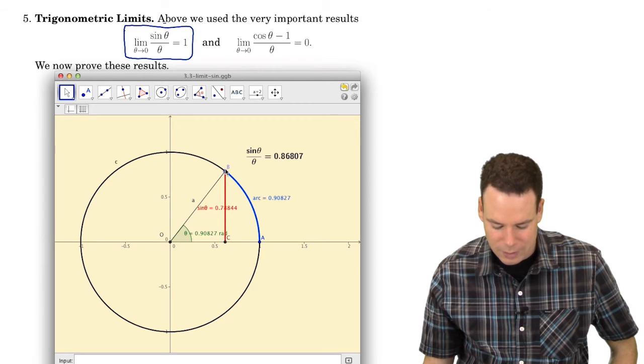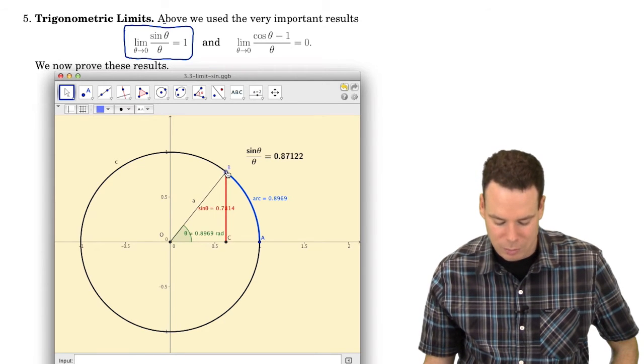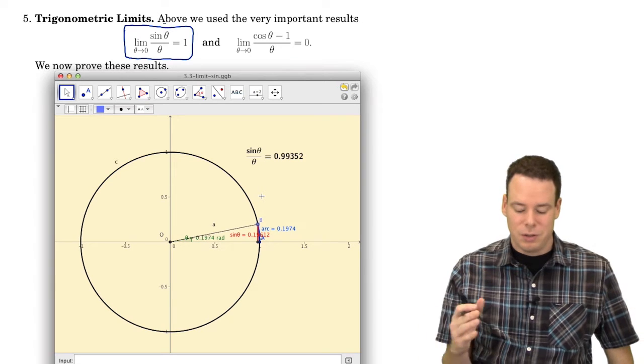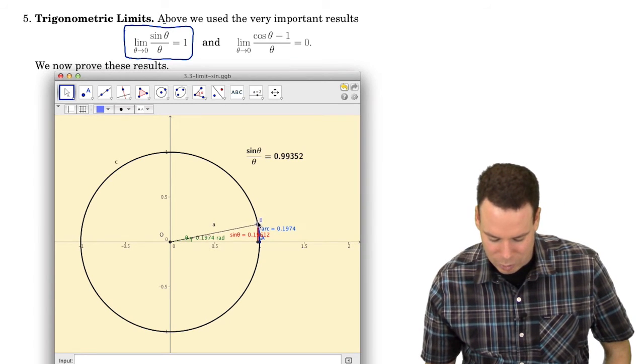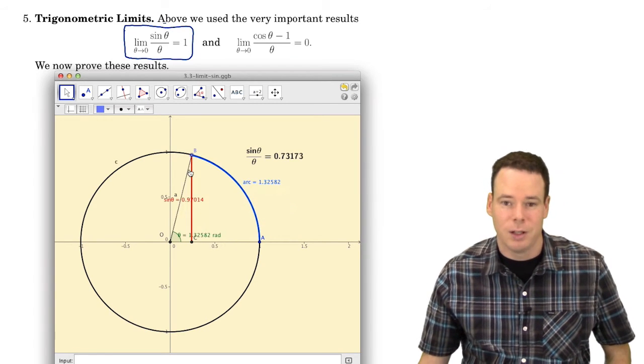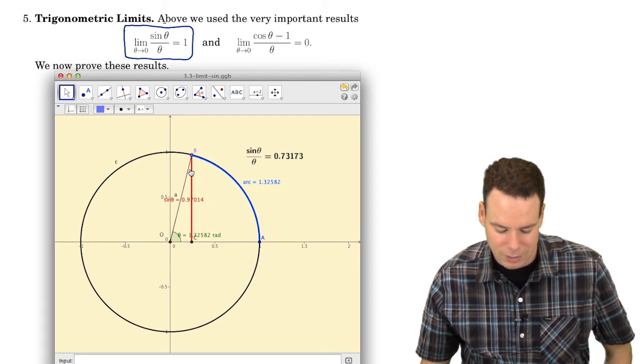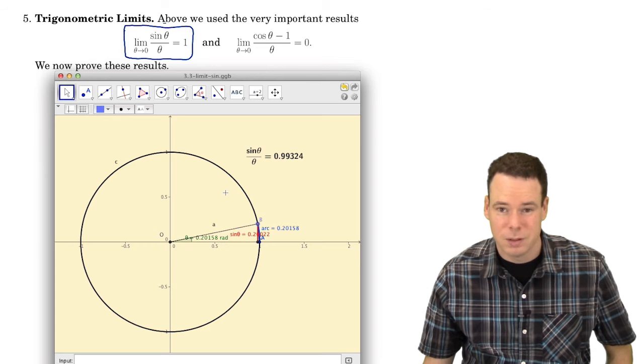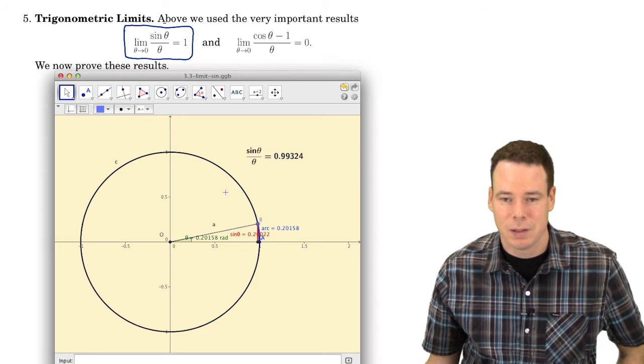Now, as theta goes to 0, because that's what we're interested in, the limit as theta goes to 0, how do those lengths compare to each other? Well, when we first look at it, we can probably think that the arc looks to be a lot longer than the length of the red line segment. But when theta is small, the arc looks to be pretty close in length to the red line segment.